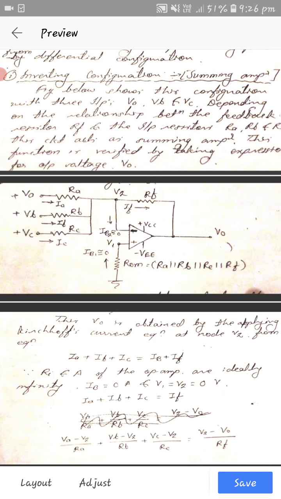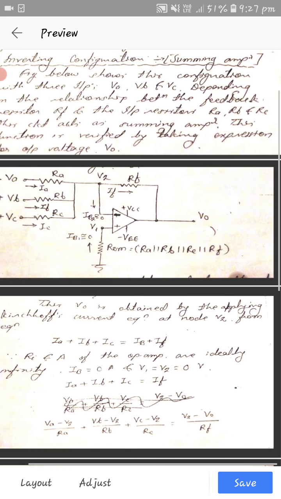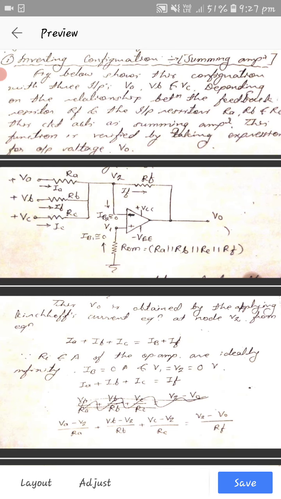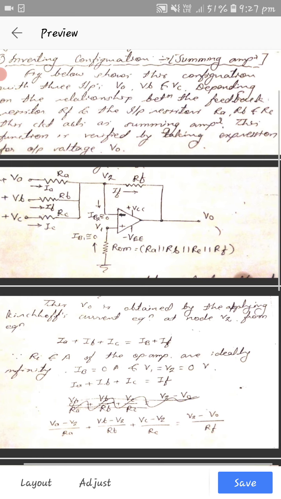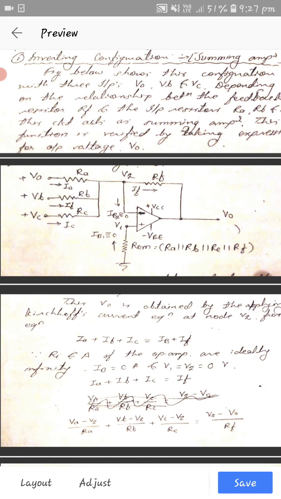This circuit acts as a summing amplifier. The RA resistor applies the phi A input voltage, RB applies the phi B input voltage, and RC applies the phi C input voltage. This function is verified by taking the expression for the output voltage phi 0.